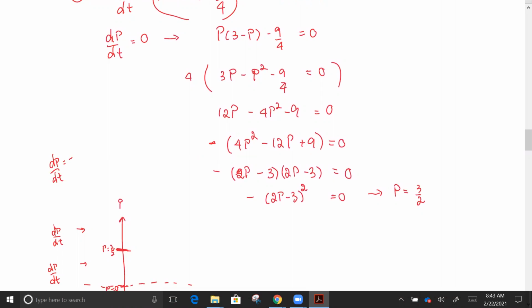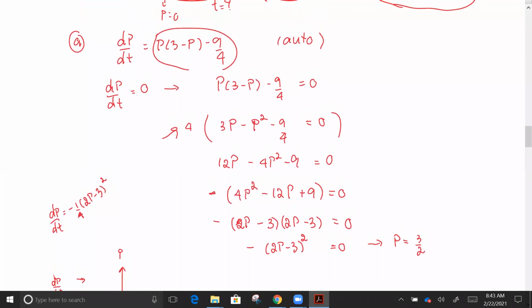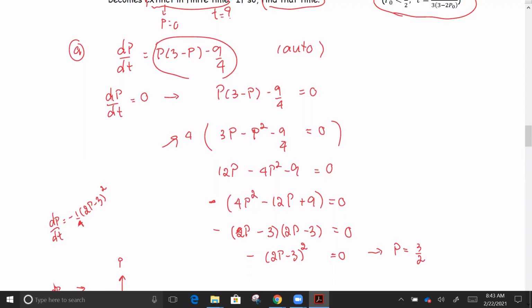I factor the 4 out, so this is the same as 1/4 times (2P minus 3) to the second power, because I want to make it a non-fraction term. Going back to the original dP/dt, that would be negative 1/4 in front of the quantity squared. You can recheck it by multiplying back or expanding them all out. It should get back to the original term, P times (3 minus P) minus 9/4.